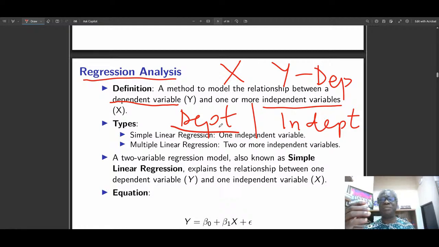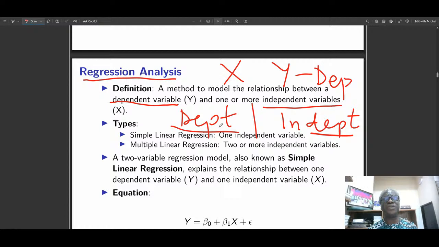But for now, just know that the variable that is being explained is the dependent variable. The variable that is explaining it is the independent variable.